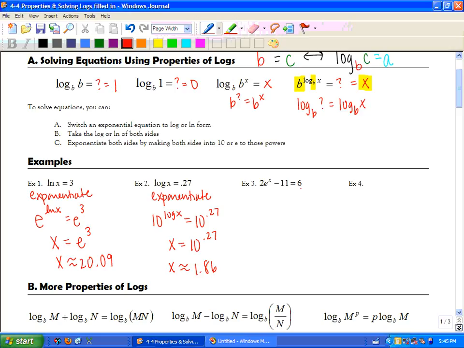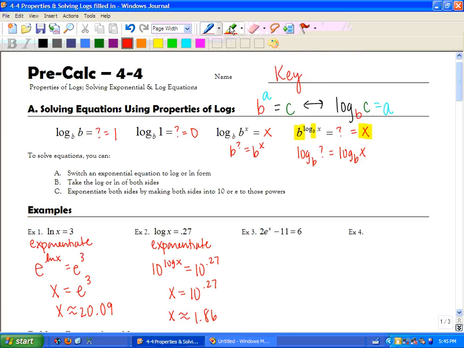For the third example here, we need to get it into just simply exponential form. So what we had up here at the top, our b to the a equals c. That's the form we want to get it in. So the first thing I would do is add the 11 to both sides and divide by 2.